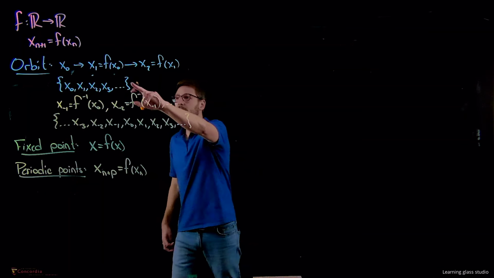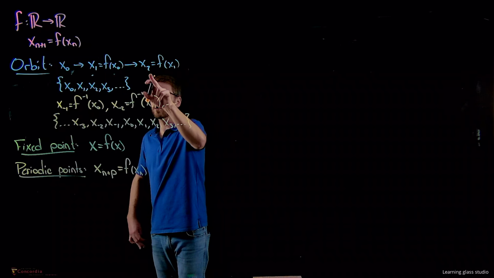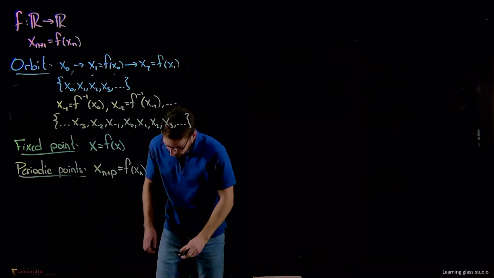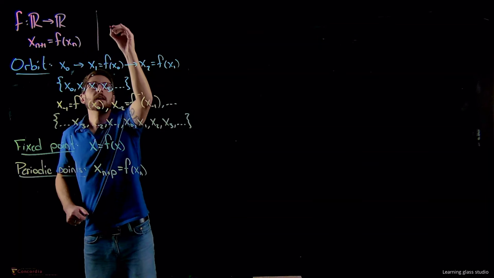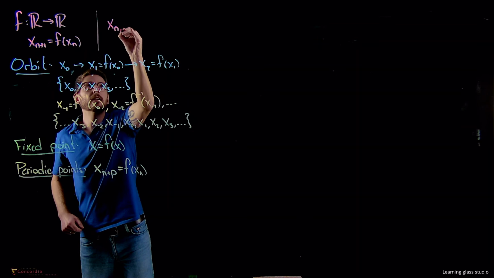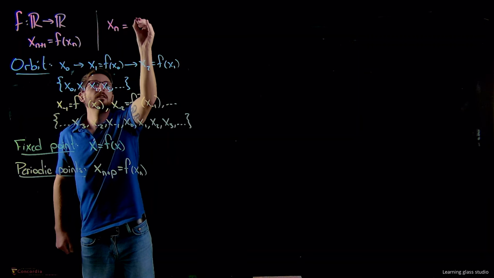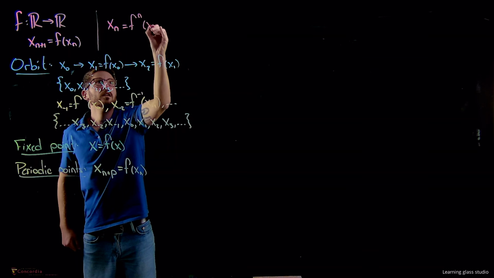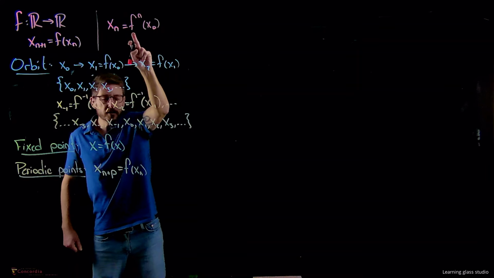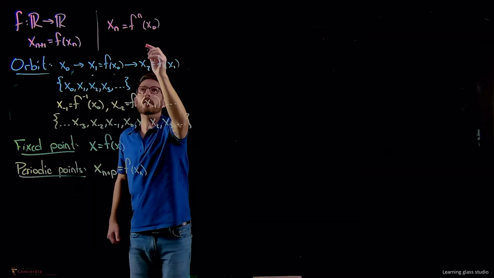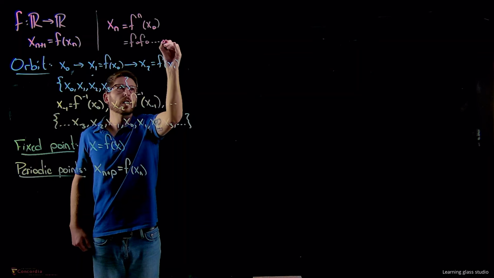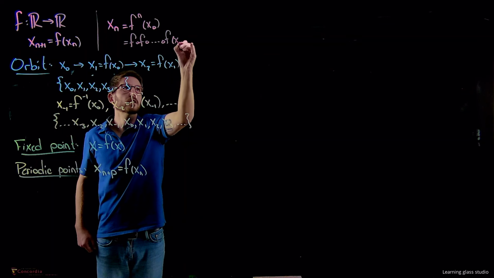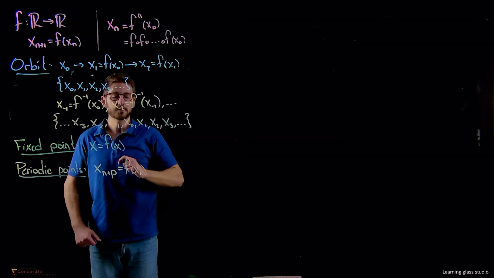Now, if we think about how this orbit actually works, if we just do a little bit of scribbling here for a second, it essentially tells us that xn is the nth composition of f with itself, so this is f of f n times with the initial condition.